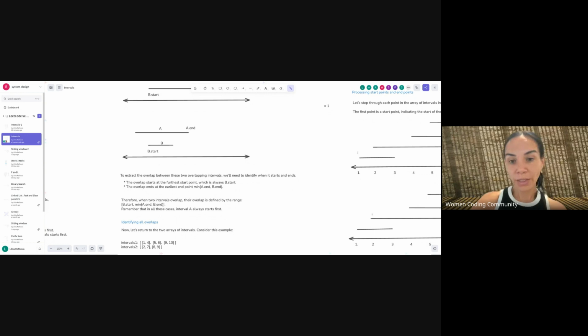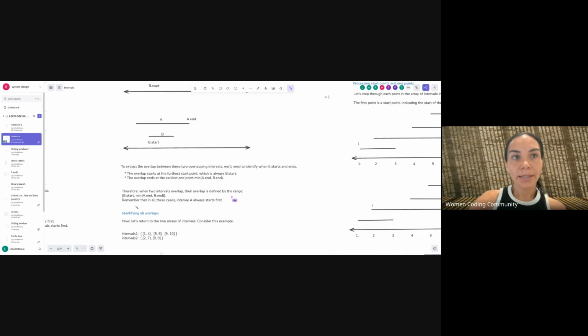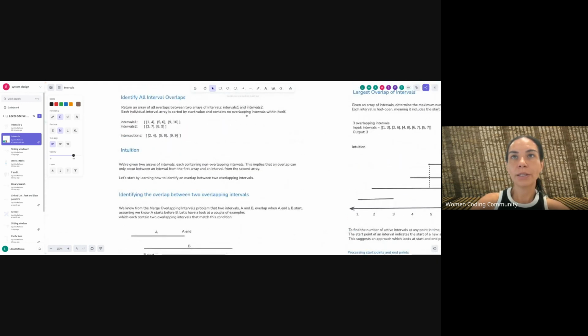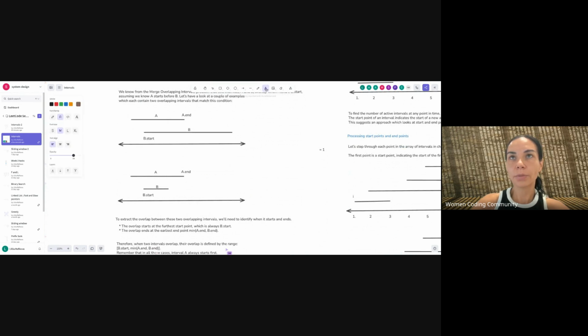Now we have another challenge here. In the previous task, we had to merge these intervals, but now we need to extract the overlap between these two overlapping intervals, which we're calling the intersection. The overlap is between the latest start and the earliest end point. Now we need to define another formula. Let me explain what the intersection will be here.